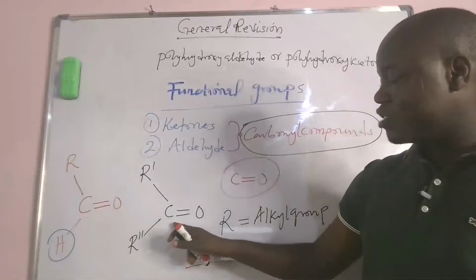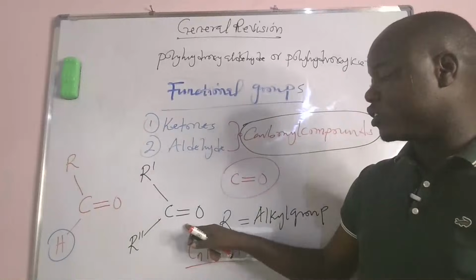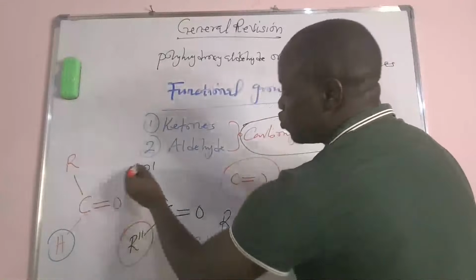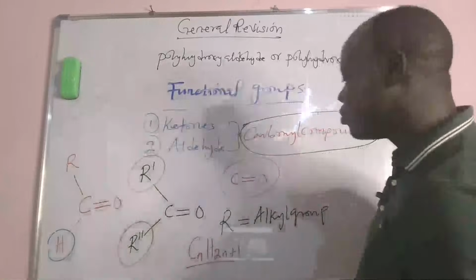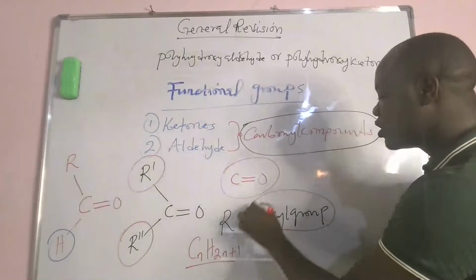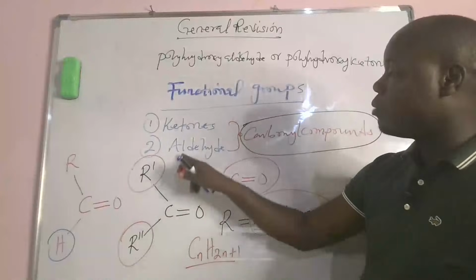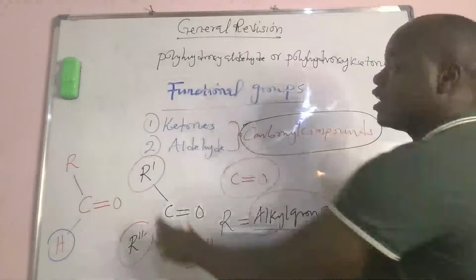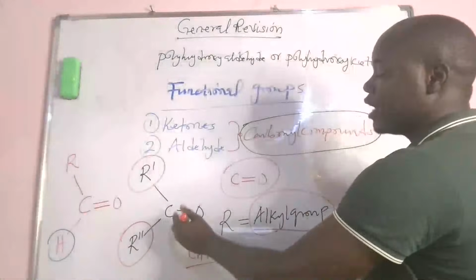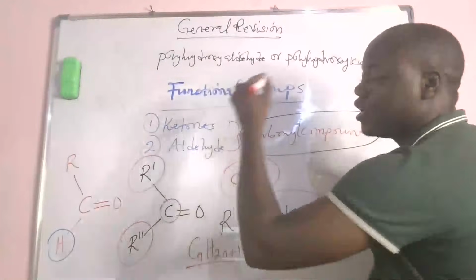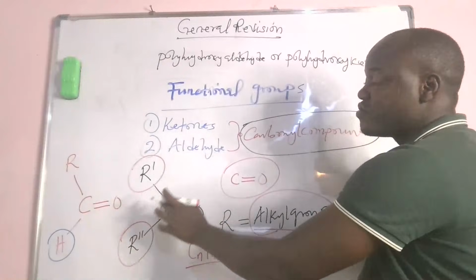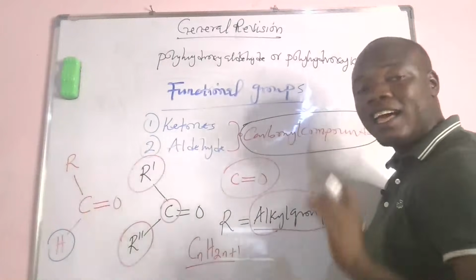But in the case of ketones, the carbonyl carbon is attached with two different alkyl groups. This R means alkyl group. So that is the major difference between ketone and aldehyde.